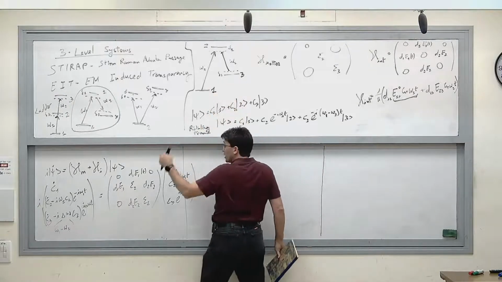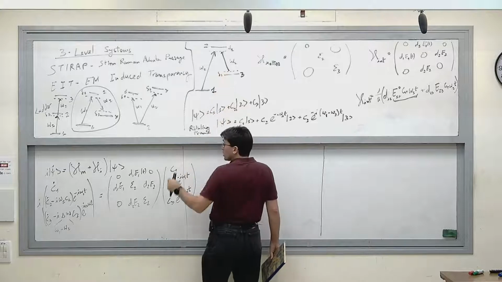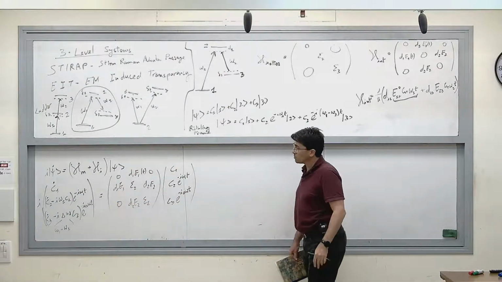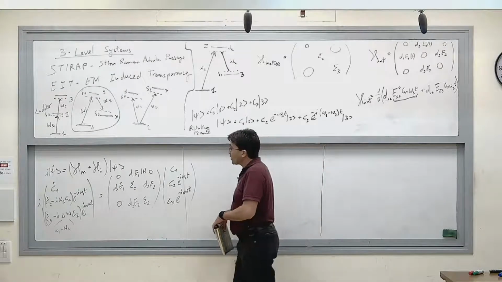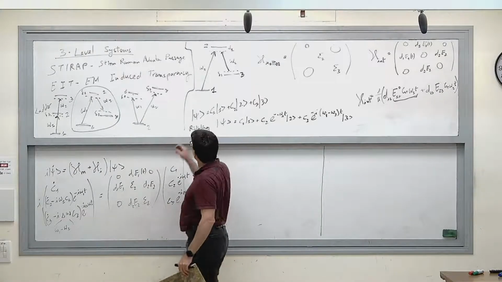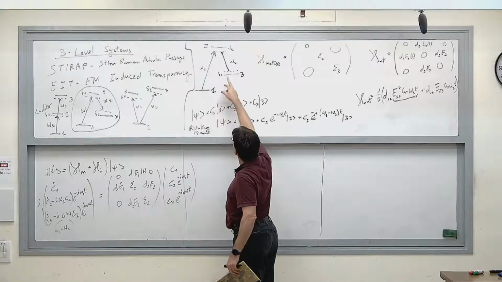So epsilon 2 is the energy difference from 1 to 2, and omega 1 is nearly that. So when we do a rotating frame, the same will happen down here: epsilon 2 is almost delta omega. What is the difference from it? It's delta 2.